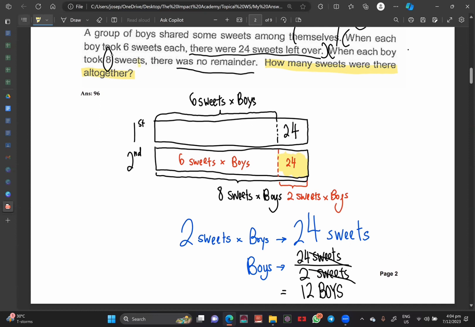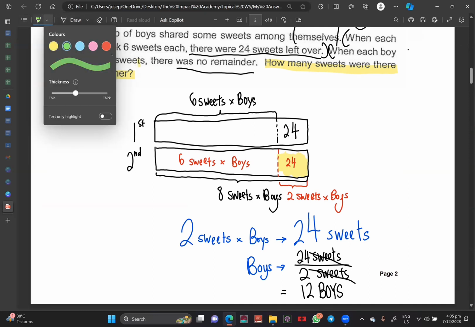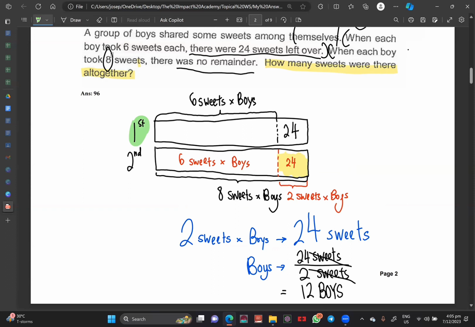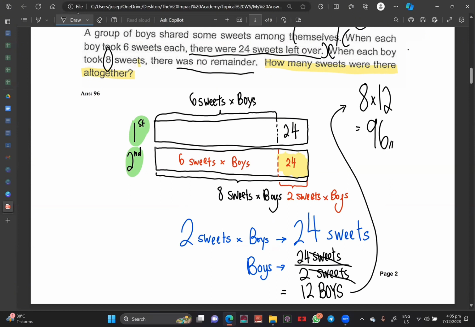If I want to, I will just use the first one. That is the easiest. Or actually, the second one is easier, because all you need to do is simply 12 boys times how many sweets? 8 sweets. That's about it. So you just have to do 8 times 12 to find the total number of sweets. And that's the reason why your answer for this question has to be 96.